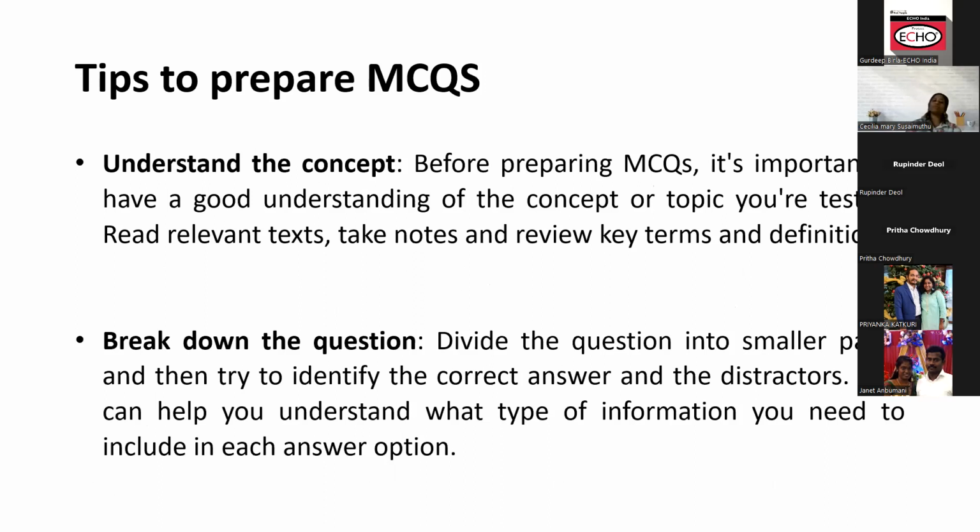Then break down the question. Divide the question into small parts and then try to identify the correct answer, and then the distractors also. This can help you understand what type of information you are going to include in each answer option. So it is always essential that we break down the question.